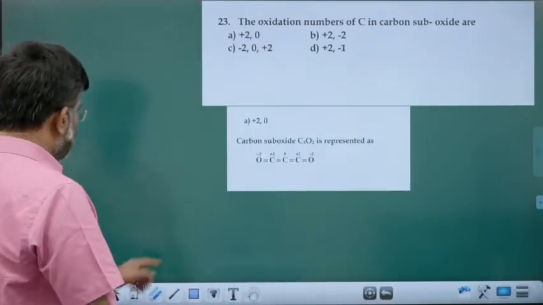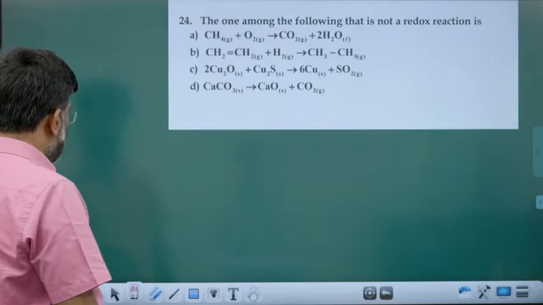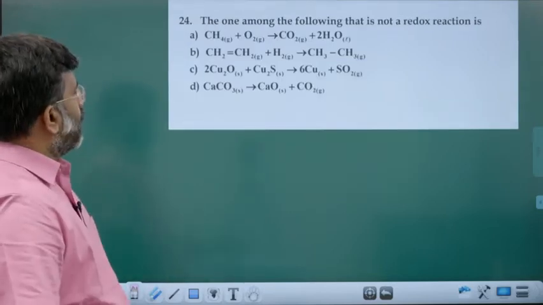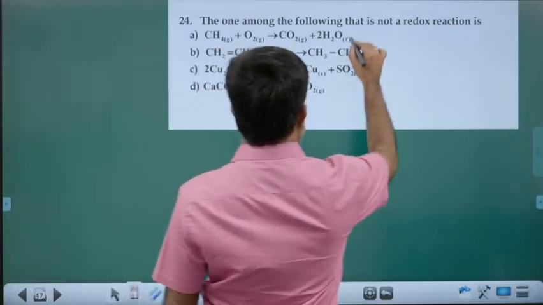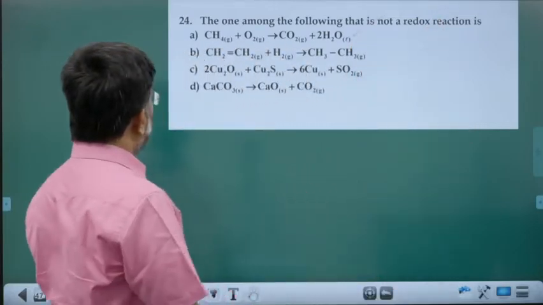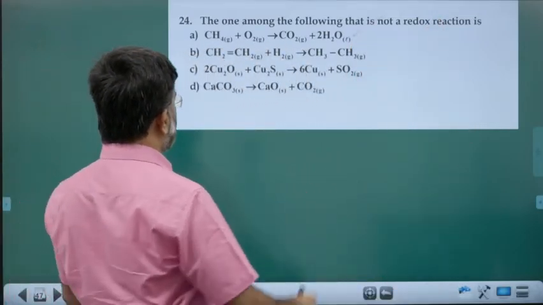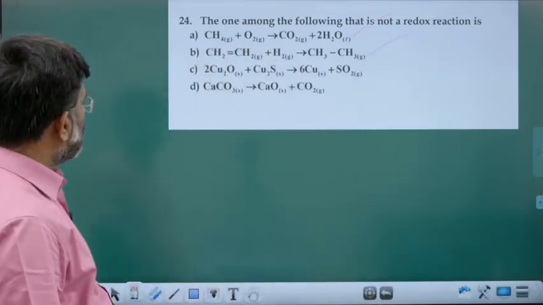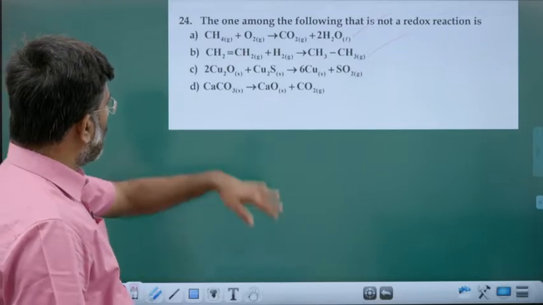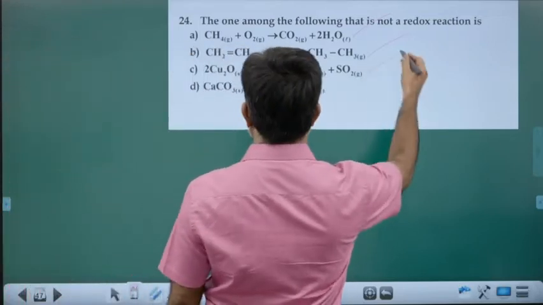Option A, and that is the structural detail. Which is not a redox reaction? Option A, combustion reaction, that is a redox. Option B, catalytic hydrogenation, that is a redox. Option C, copper oxide converted to copper, that is a redox.